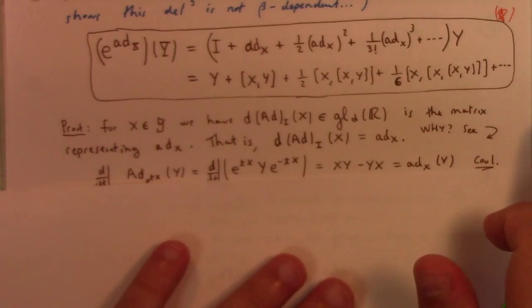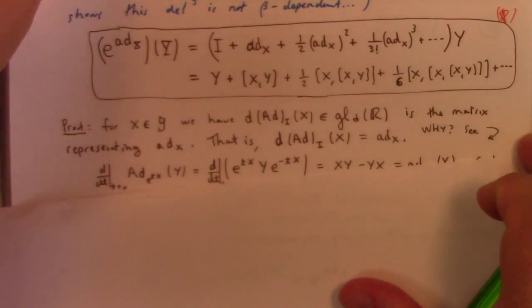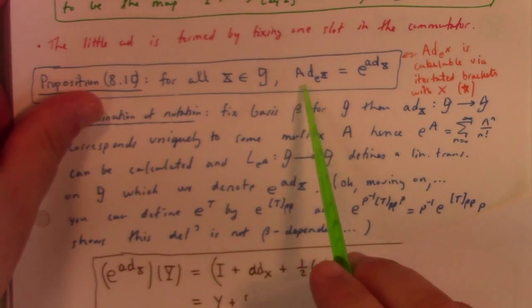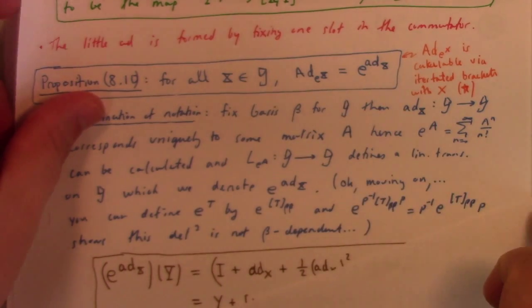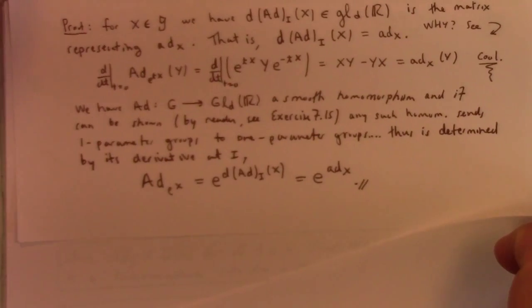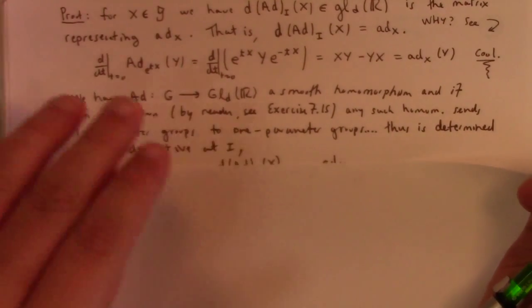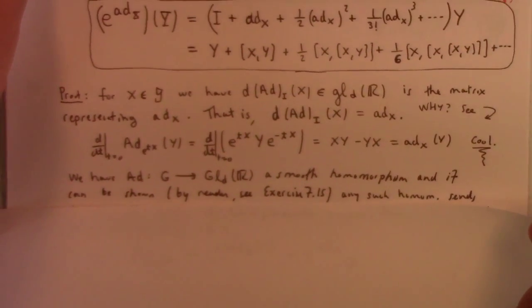So here's the proof of Proposition 8.10, which probably by now we forgot what we were trying to prove. We were trying to prove that this is equal to that. All right, so here's how. Proof.